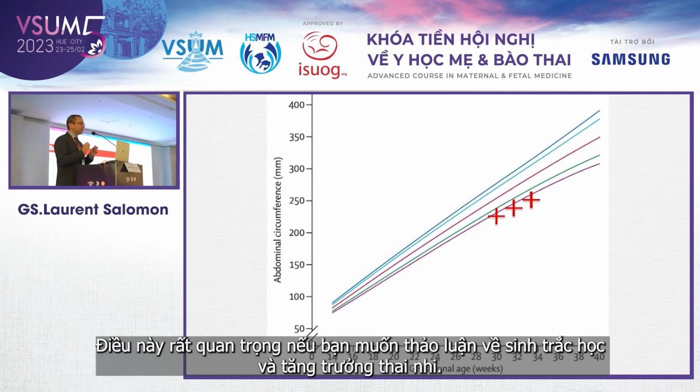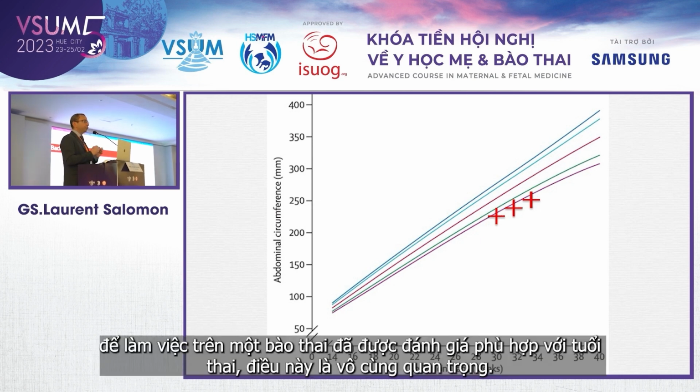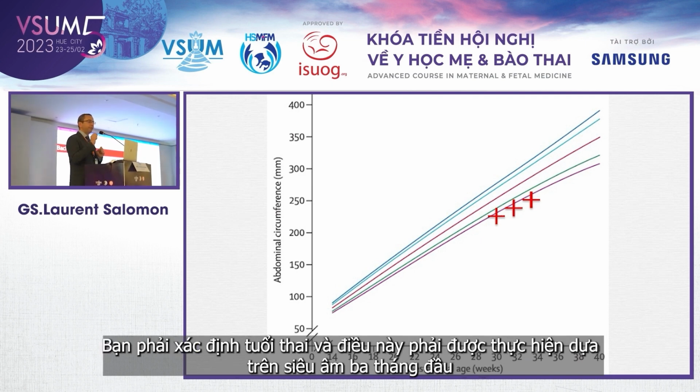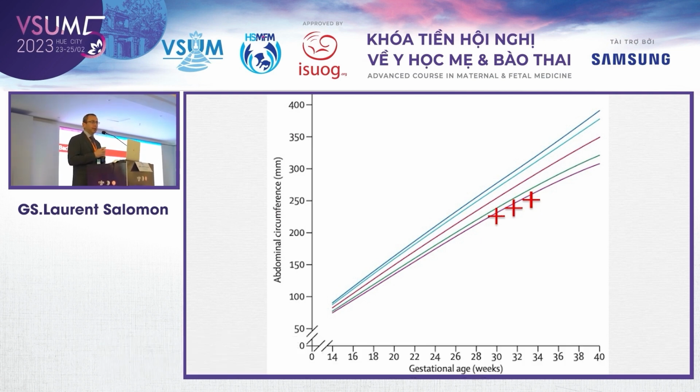It is extremely important, if you want to start discussing fetal biometry and fetal growth, to be working on a fetus that has been appropriately assessed for gestational age. This is of utmost importance. You must define gestational age, and this must be done based on first trimester ultrasound by using the crown-rump length measurement.